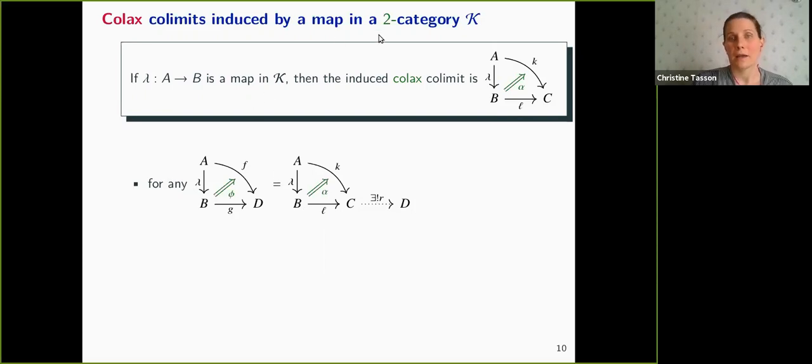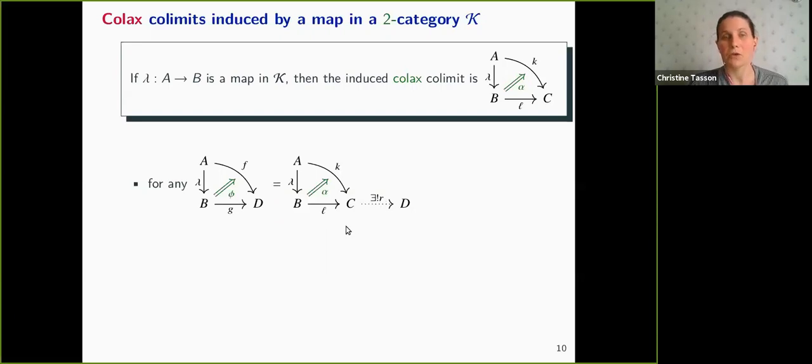So I compute the colimit in a two-category, and I will need to relax these colimits by putting a two-cell in it. So now I have the one-cell aspect, which says if I have another codescent cocone here, I will be able to factorize it by a unique morphism.